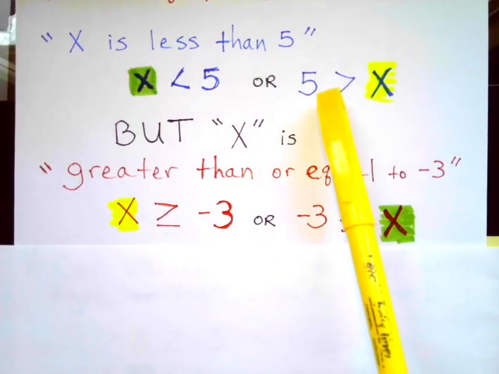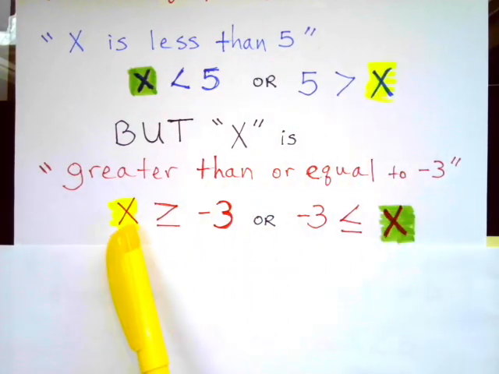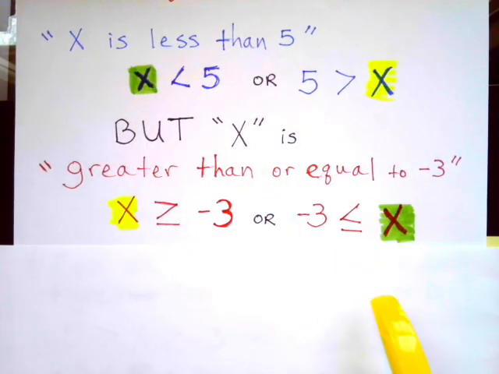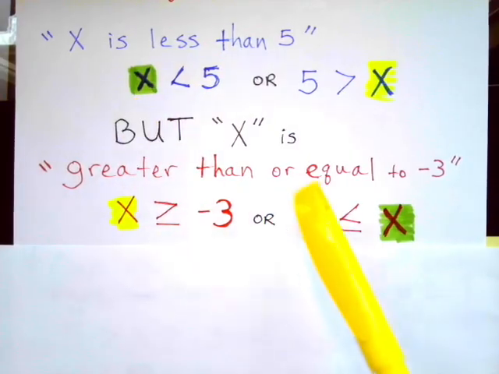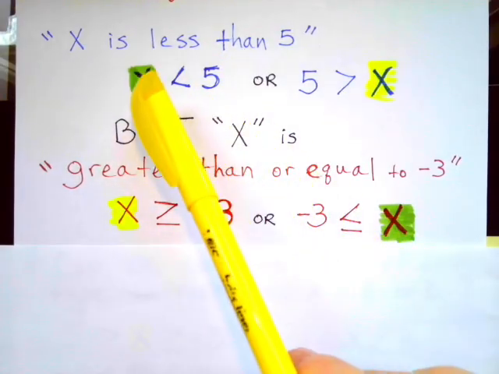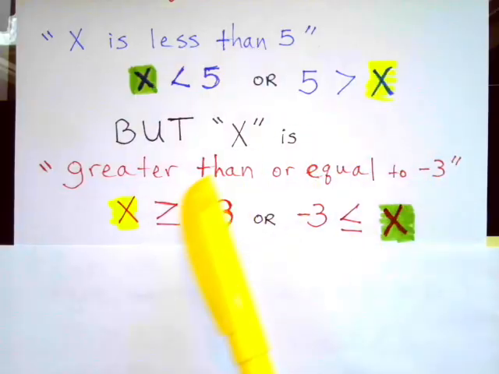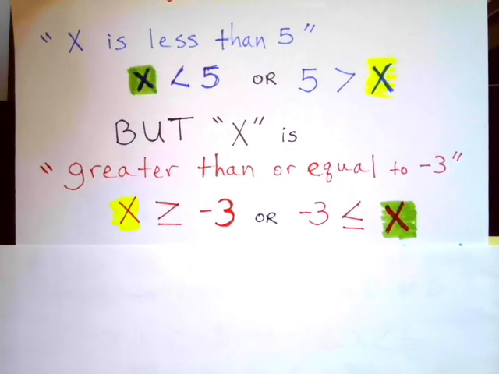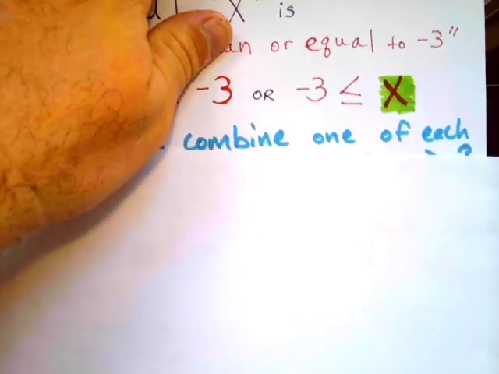You can say 5 is greater than x, and x is greater than or equal to negative 3. So we're going to take one of these and put a combination by just placing the x value over the highlighted color, and we'll be saying the exact same thing, but in a full statement: x is less than 5, but greater than or equal to negative 3. That's what we're shooting for.